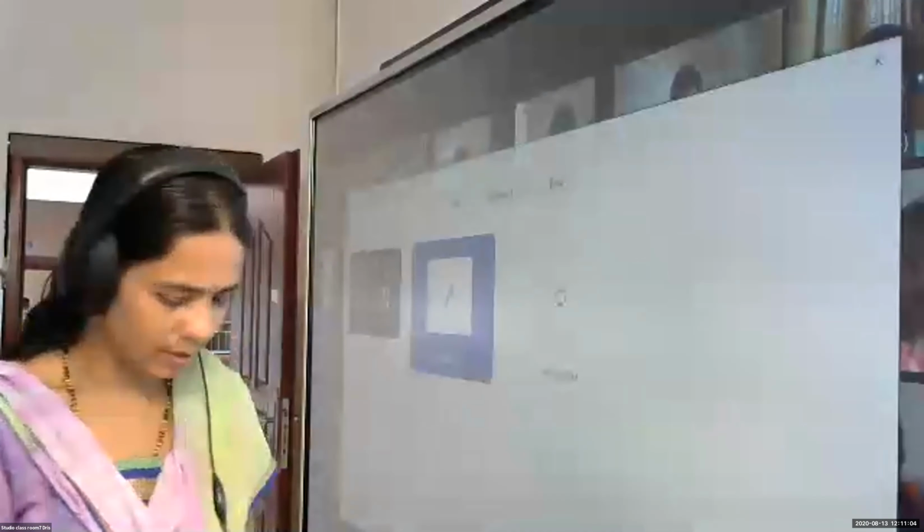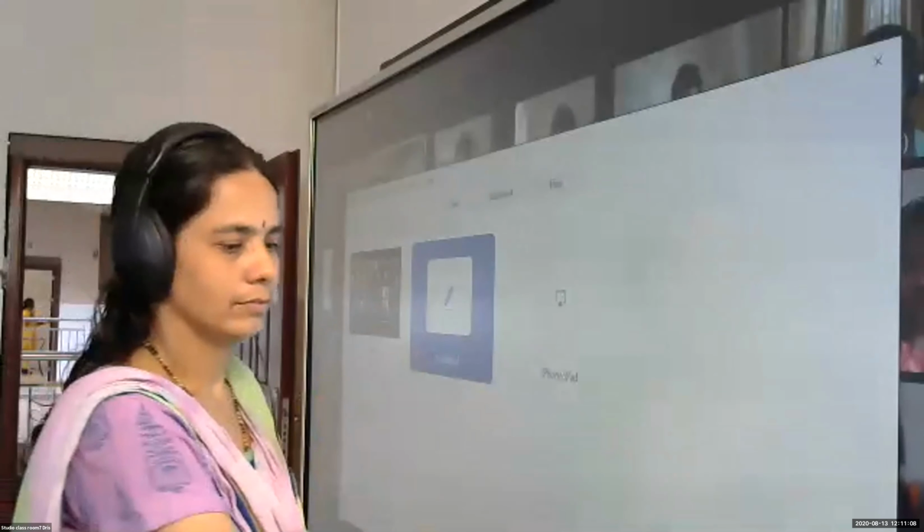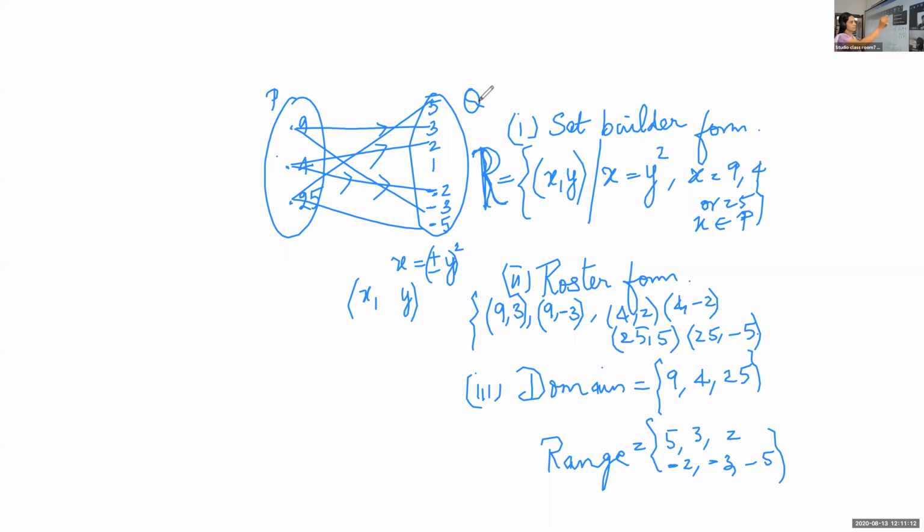Now write the next one. Capital A is equal to the set 1, 2, 3, and so on up to 14.